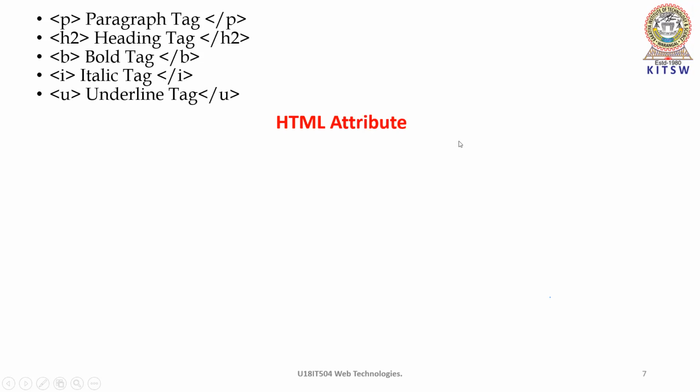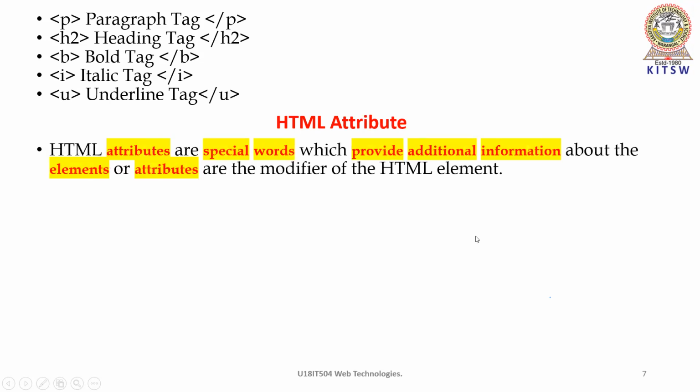Similarly, HTML attribute. What does HTML attribute mean? We can say HTML attributes are special ones which provide additional information about the HTML element.